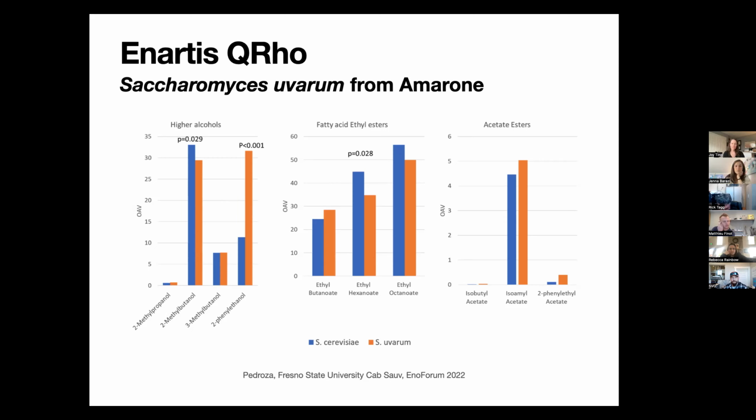And when we were looking through the literature on this, and particularly looking through Enartis's in-house trials on this particular strain, one thing is more consistent than anything else in terms of these distinguishing characteristics of Uvarum, and that is a pretty high production of 2-phenylethanol. You can see that here it's a really big increase in 2-phenylethanol.